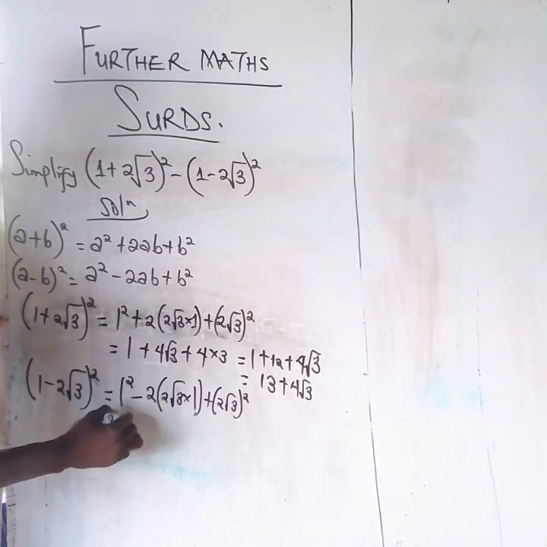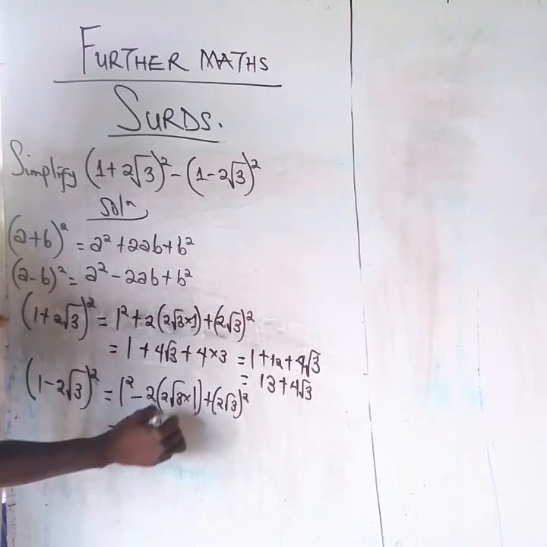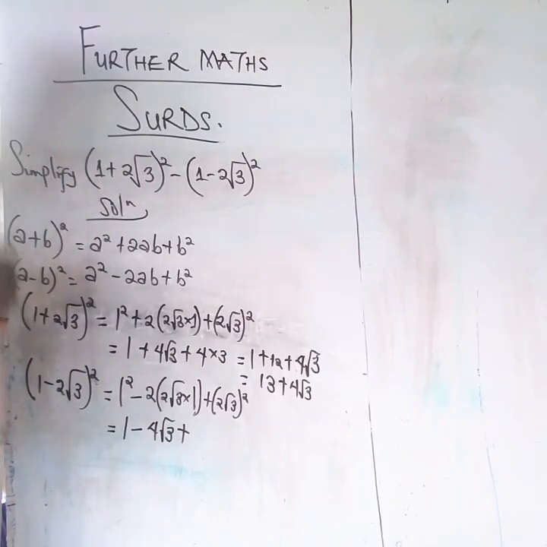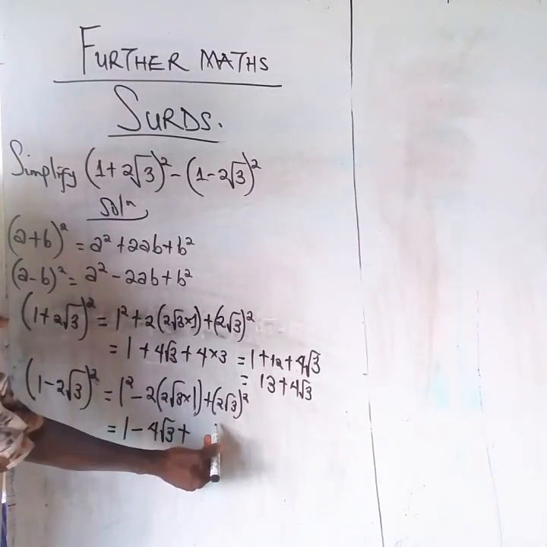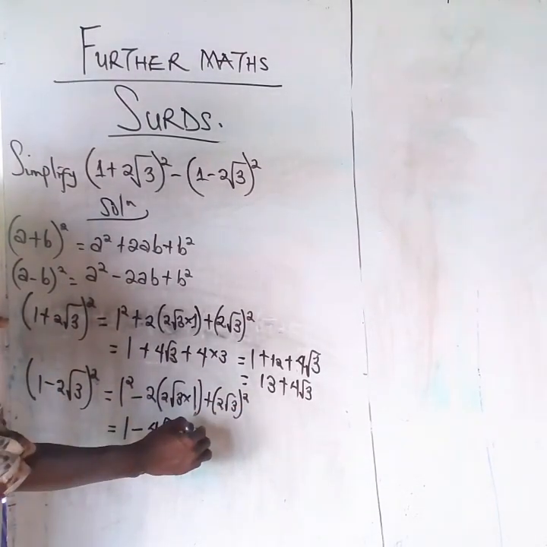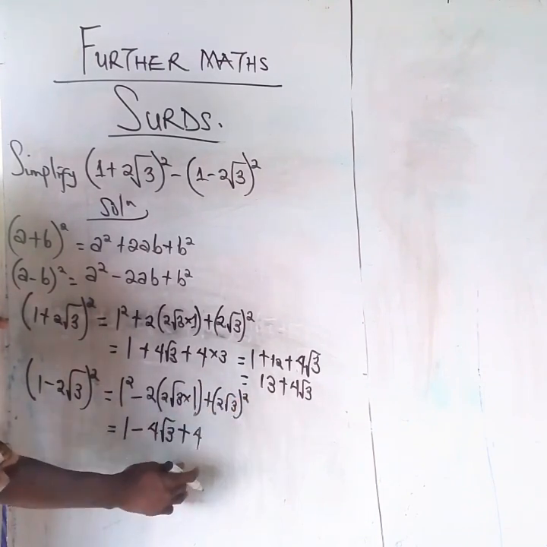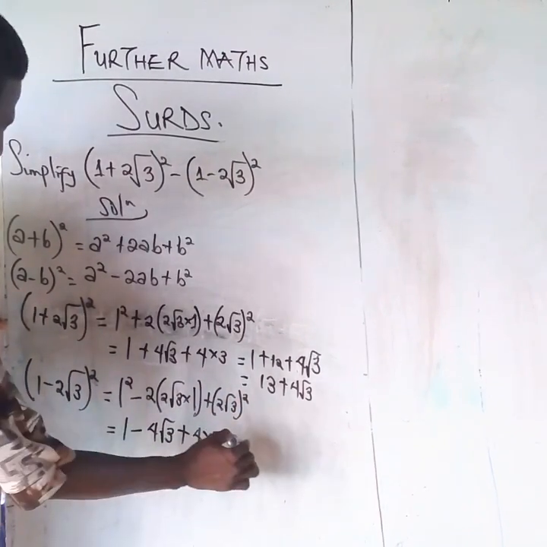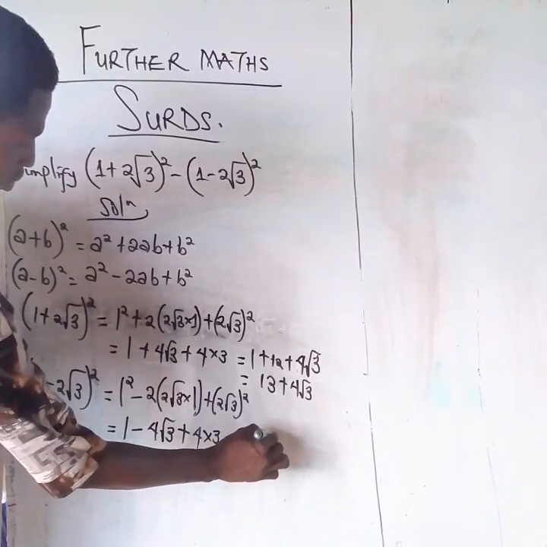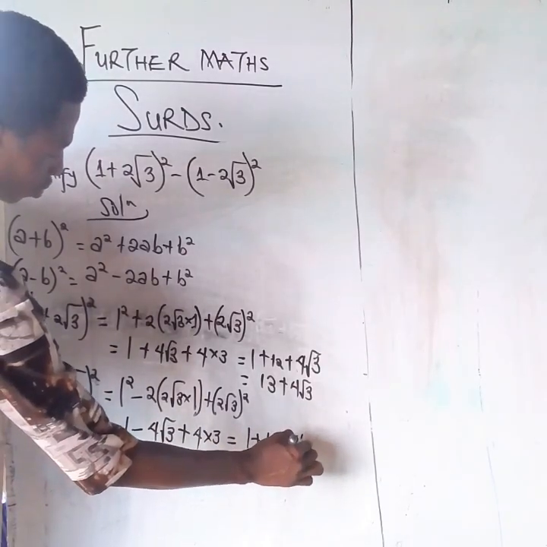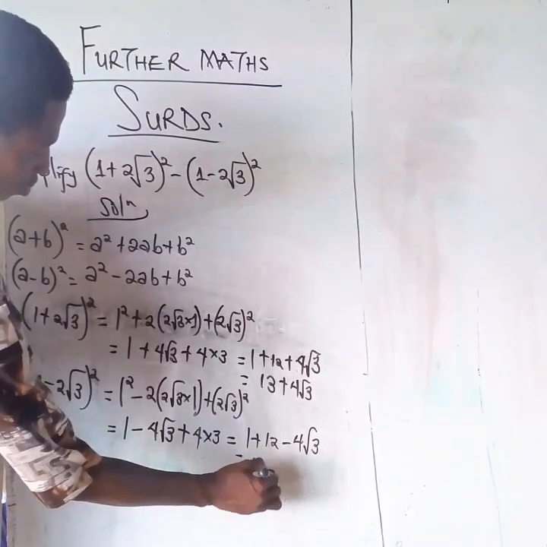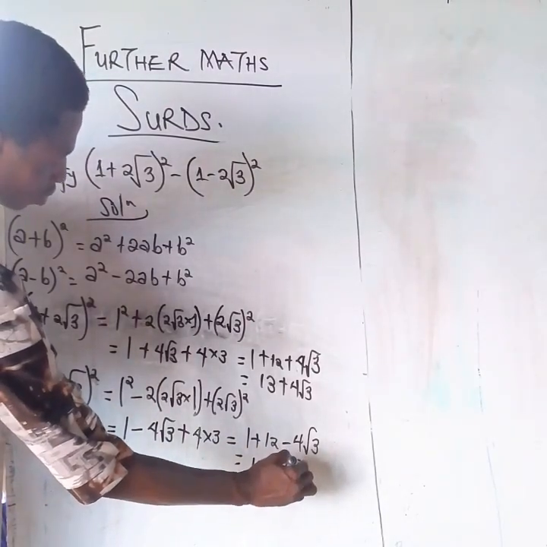That will give 1 square is 1 minus 2 times 2 is 4, then root 3 plus what do you have? You have 2 square is 4, root 3 square is 3, so you have times 3. So that will give you 1 plus 12 minus 4 root 3. So this will give you 13 minus 4 root 3.